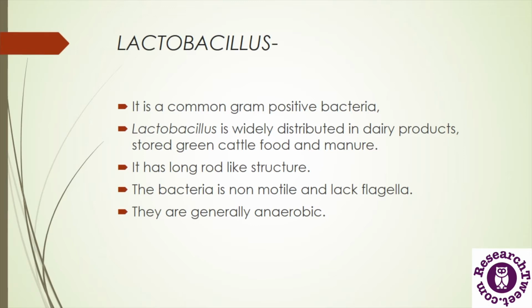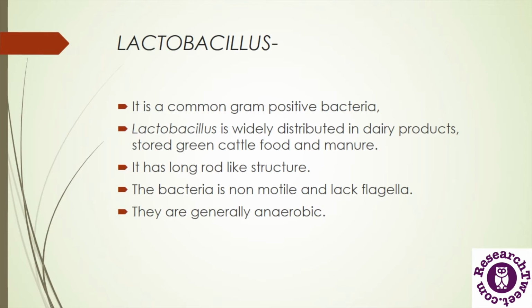The bacteria is non-motile. We know there is an organ called flagella found in prokaryotic cells, which helps in movement of bacteria. In the case of Lactobacillus, it lacks flagella and thus it is non-motile.